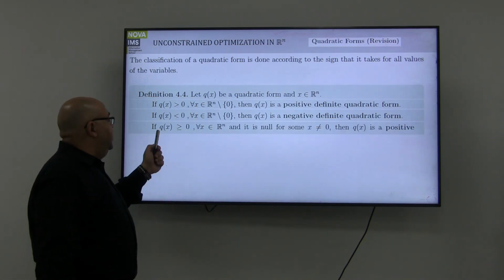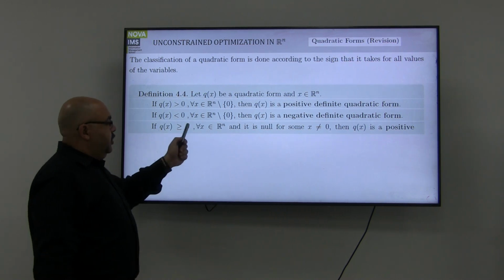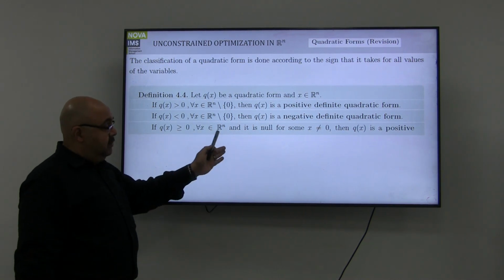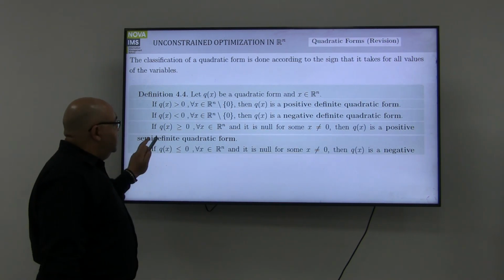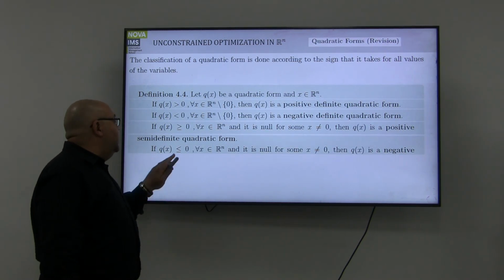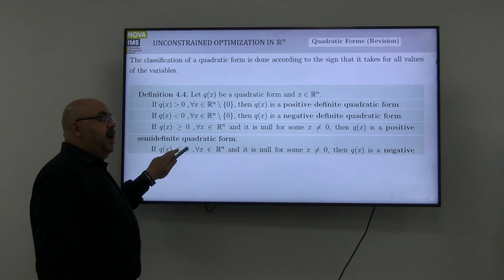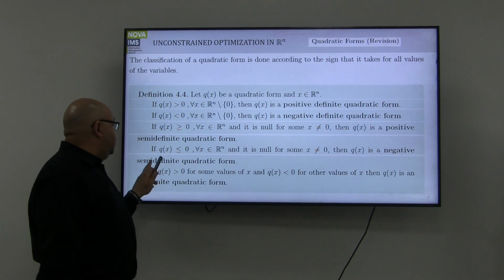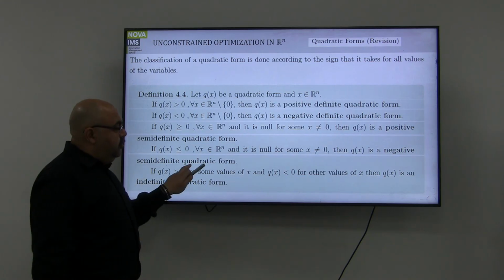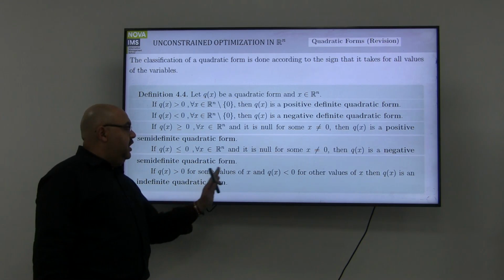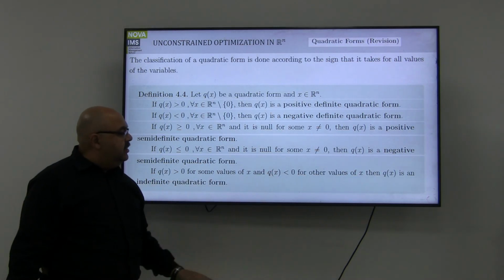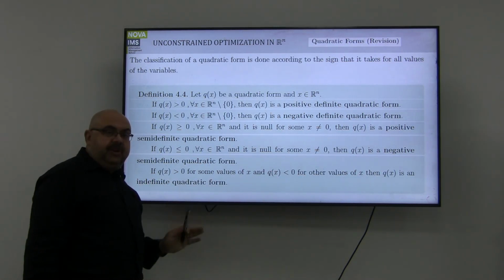If Q is greater than or equal to 0 for every x and it is null for some of them, it is positive semi-definite. And the same applies if it is less than or equal to 0 at some points, it's going to be a negative semi-definite quadratic form, as you can see. If Q(x) for some points is greater than 0 and at other points less than 0, then it is going to be an indefinite quadratic form.